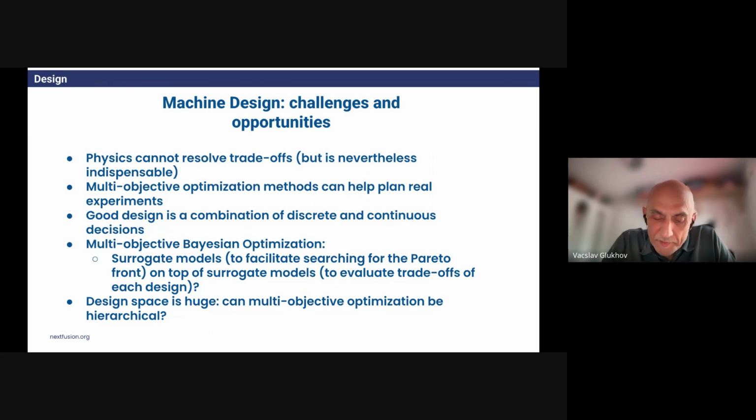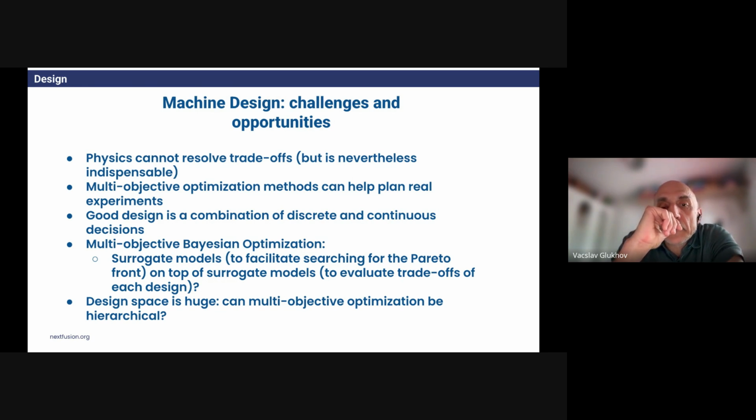Physics doesn't solve everything. Of course, we are getting physics more and more transparent in tokamaks, but problems in engineering are different. Multi-objective optimization can help plan real experiments. I think we will see that more and more in the future.